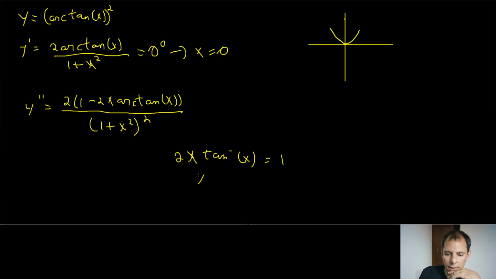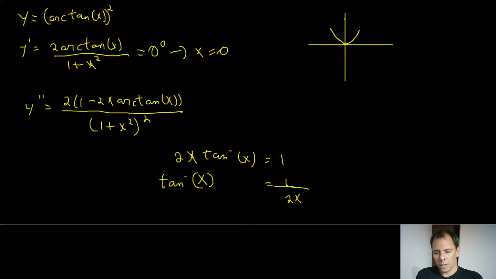I would have to put the x over here, and put the tangent inverse of x in here. Okay, and then I'm just going to take the tangent of both sides, but then you're going to have a tangent of 2x in here, so it's kind of complicated.